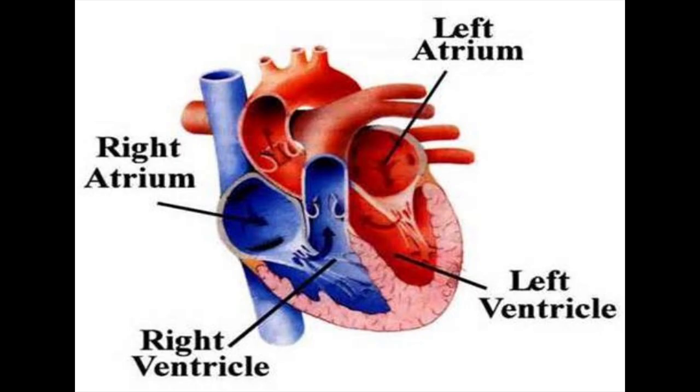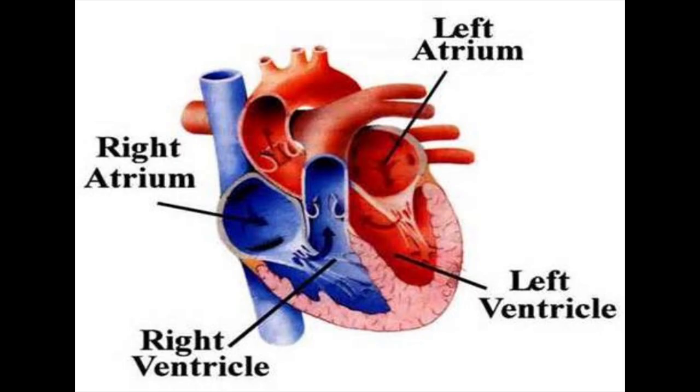Basically, the heart's function is to pump blood through and far reaching to all the arteries, the network of arteries and veins. And when we are talking about the circulatory process, the blood circulates through the heart in a continuous loop.